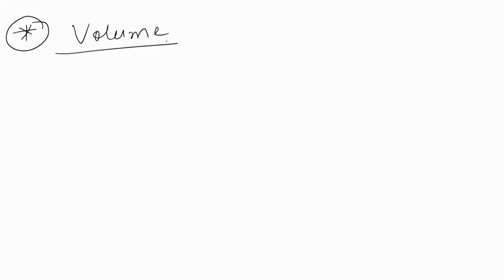Volume. We know already about the formulas to find the volume of different shapes. If we talk about a cube, what is the volume of a cube? Volume of a cube is the length of each side raised to the power of 3.